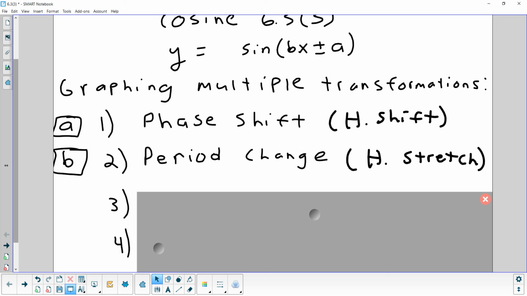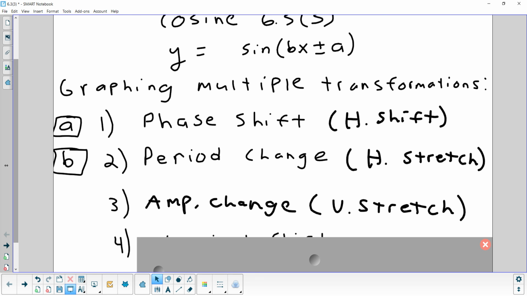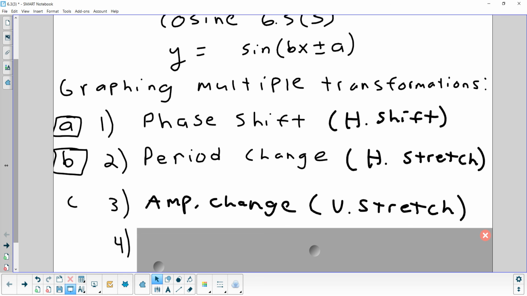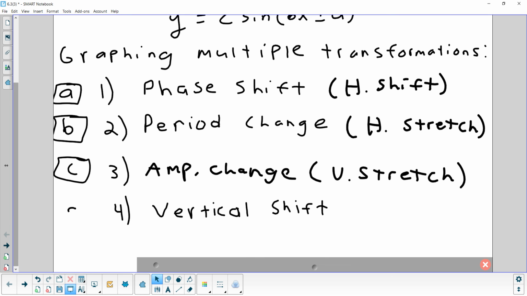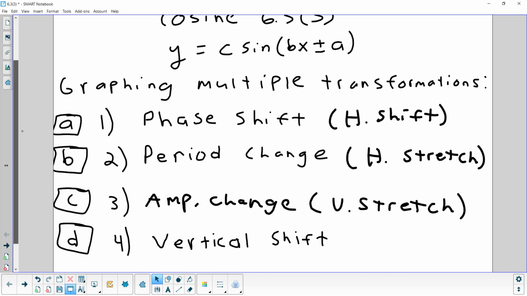Would it be the vertical shift? Vertical shift is always last. Vertical stretch. So it's the vertical stretch, which we call an amplitude change. That would be controlled by C. And then the last thing we look for is D, and that would be a vertical shift.